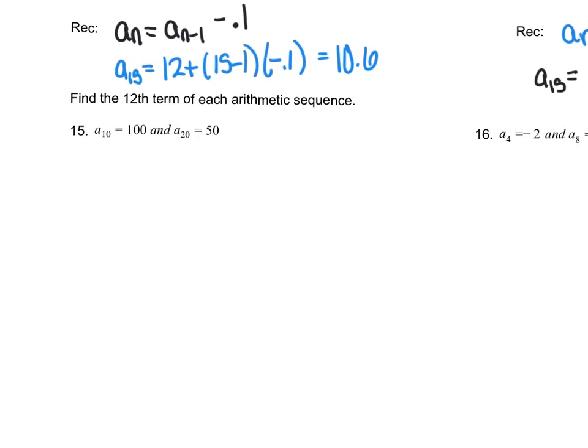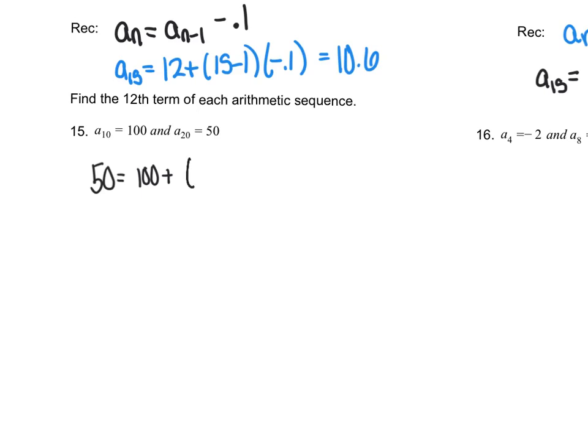Number 15, find the 12th term. Okay, remember, we're going to do 50 equals the first term they give, plus n, which is 20, minus 10 times my D. So 50 equals 100 plus 10D. Negative 50 equals 10D.